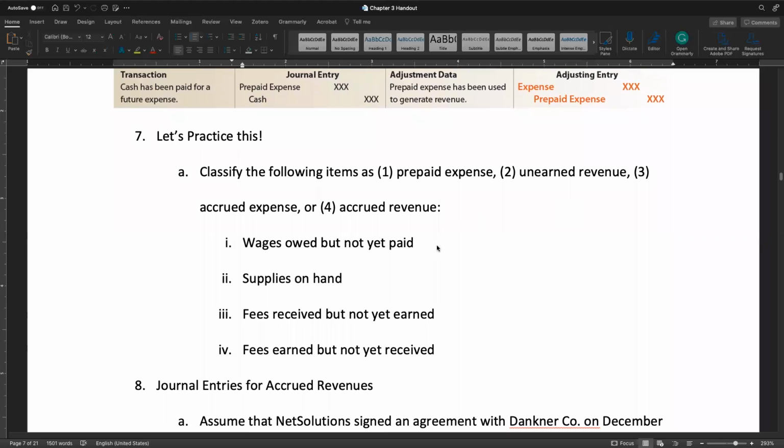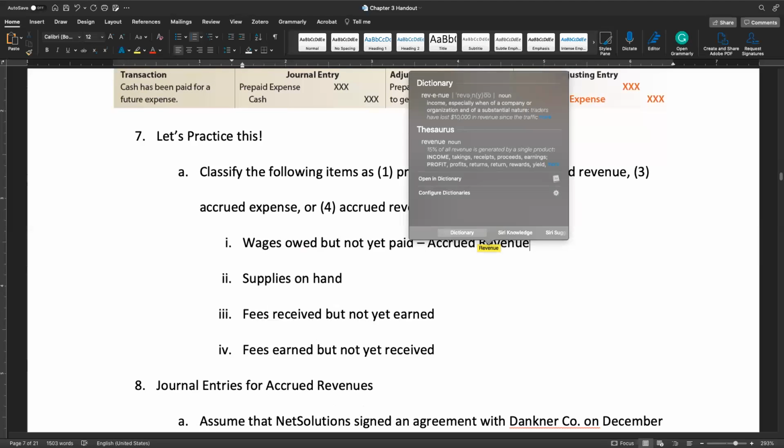So if we have wages that are owed, but we have not yet paid them. Accrued revenue, you are correct. So this is going to be accrued revenue. Oh, why did I do that?